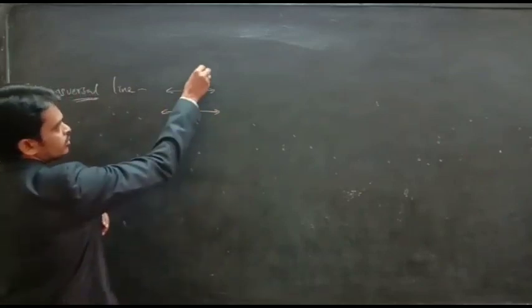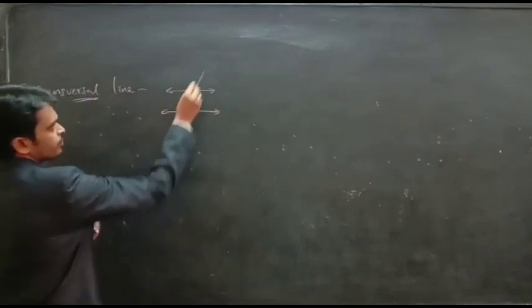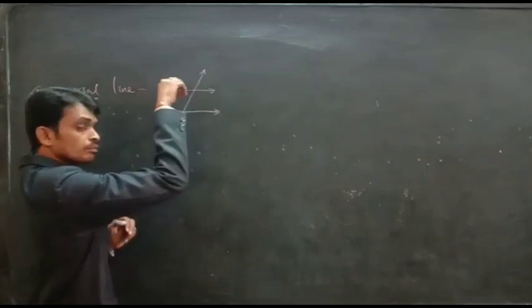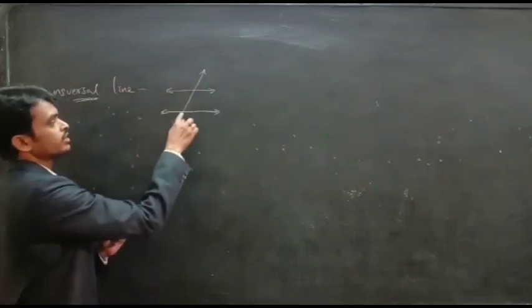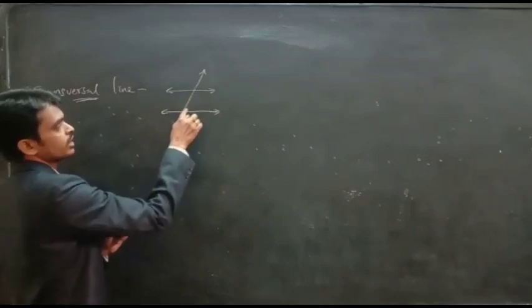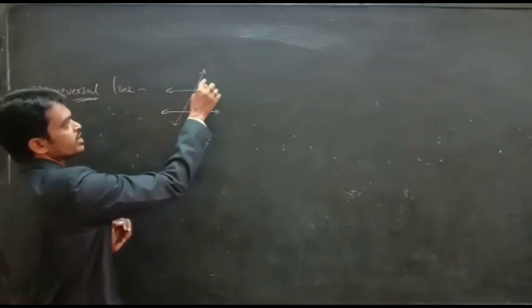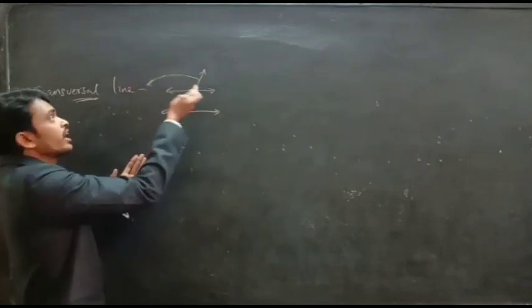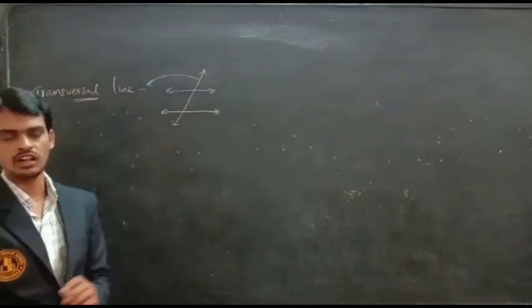A line which intersects two or more lines at distinct points is called a transversal line.